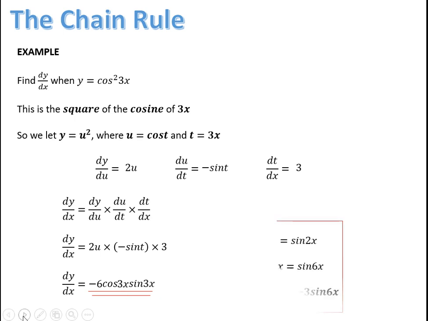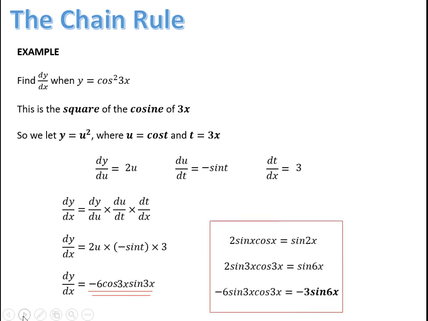But what you might find if you're looking at answers is you get things like this. Again, what's going to be important throughout Advanced Higher is your trig identities, and all the different double angle formulas, all the things that you learned last year. From last year, you saw that sine 2x was 2 sine x cos x, in which case if you had something like 2 sine 3x cos 3x, that would be equal to sine 6x.